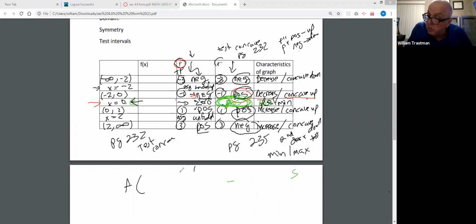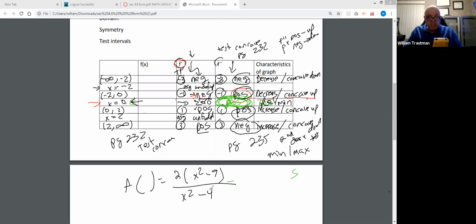The original function was 2 times (x squared minus 9), all divided by x squared minus 4.